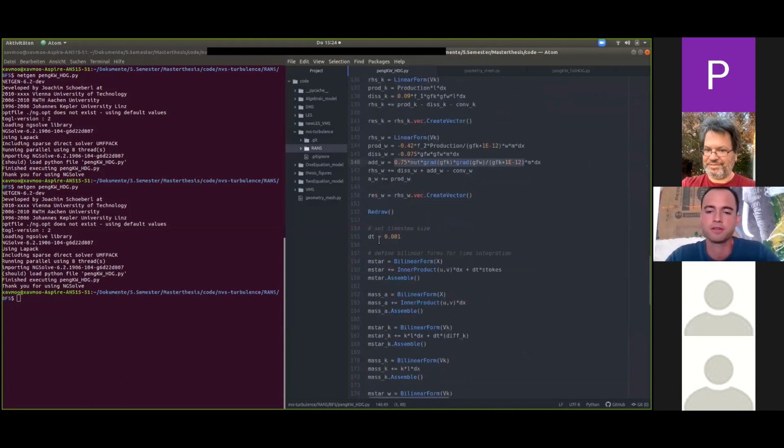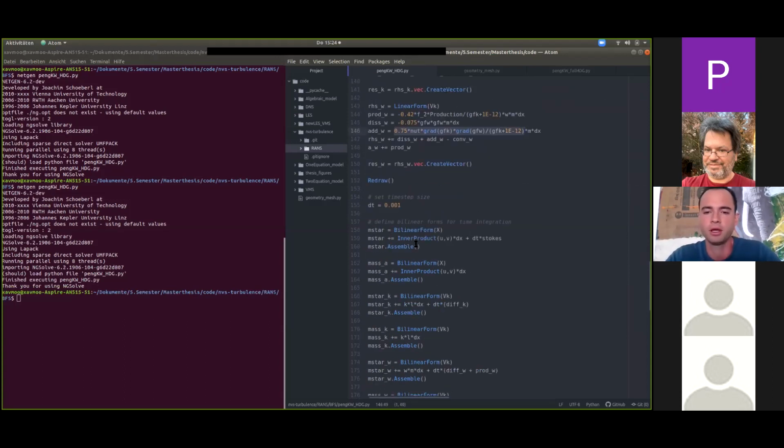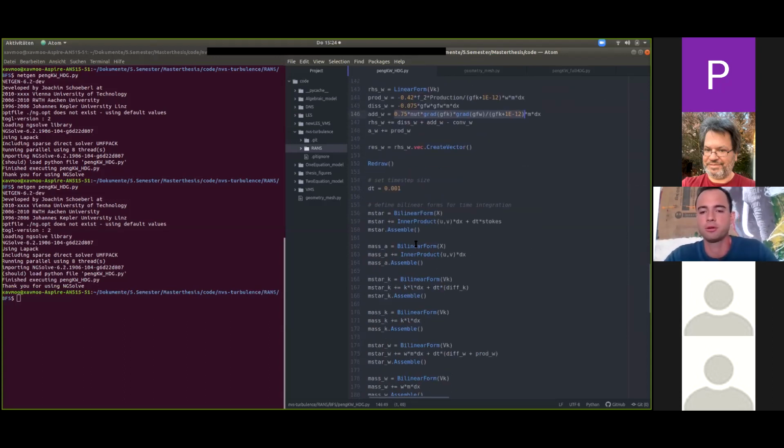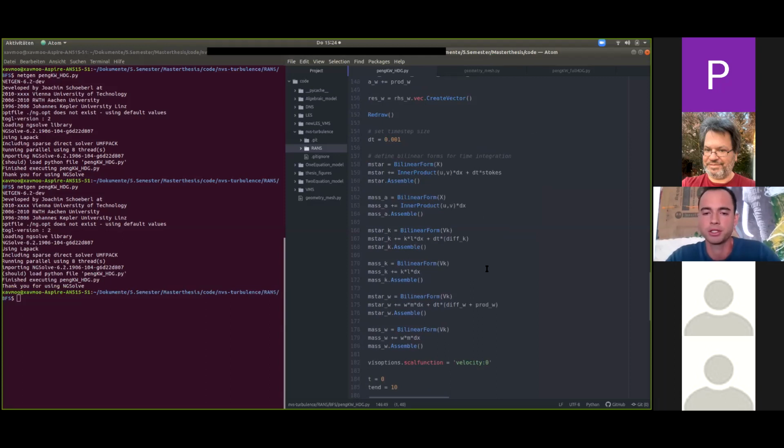After that, we define our time step size, which is in this case 10 to the power of -3, and then define our bilinear forms for time integration. As already mentioned, we are using this IMEX time stepping technique. So the M star matrix consists of our Stokes problem times the time step size plus the mass matrix. And the same thing also for k and for omega.